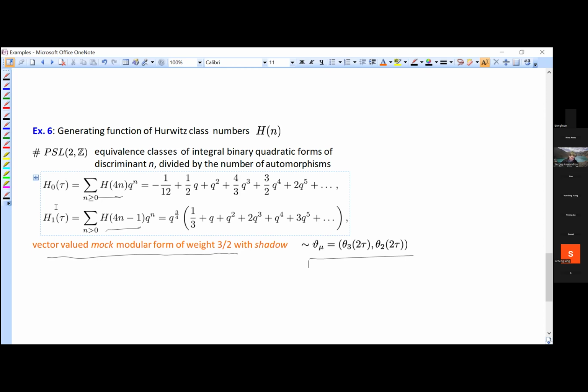So you split them according to their divisibility by 4. So you see, because here there is 4n, you actually split them into 4 subseries. But the claim is that 2 of them are trivial; they're 0. So all Hurwitz numbers which correspond to the number 4n minus 2 and 4n minus 3, they are 0.